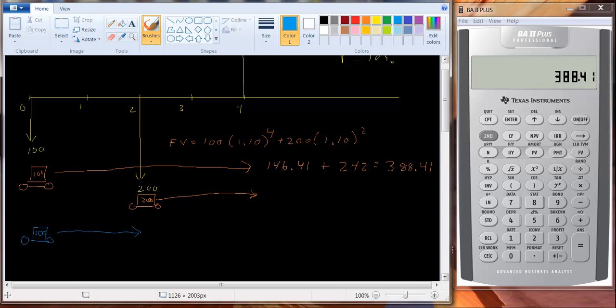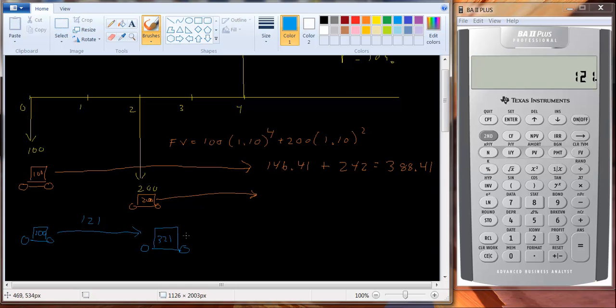How much is that going to be worth? Well, it's going a distance of 2, so it's 1.1 raised to the 2nd power times 100. So that becomes 121. And now the two of them go together. And so 121 plus 200 is 321.